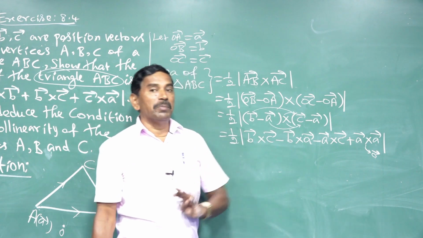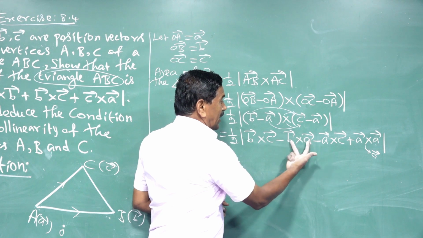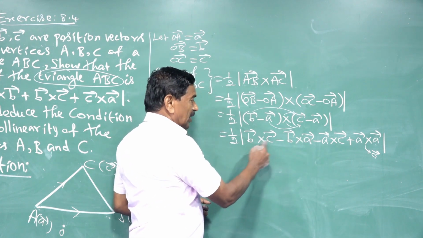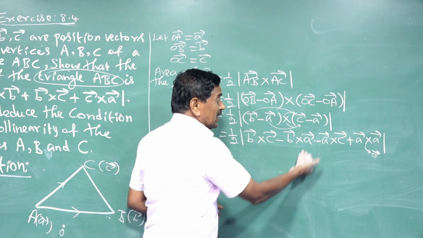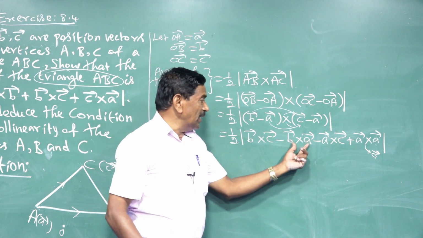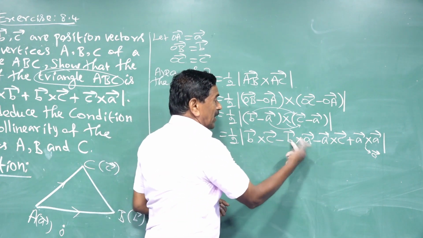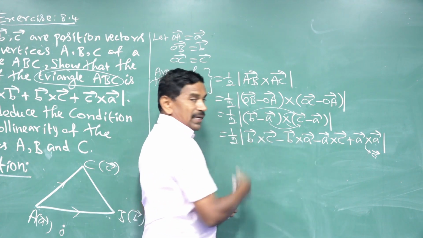Also I want to write in alphabetic order, so while interchanging I get A cross B. The second term B cross C is in the standard form. Let us write this second term as first, because while interchanging we get A cross B first, and B cross C as it is in the center.